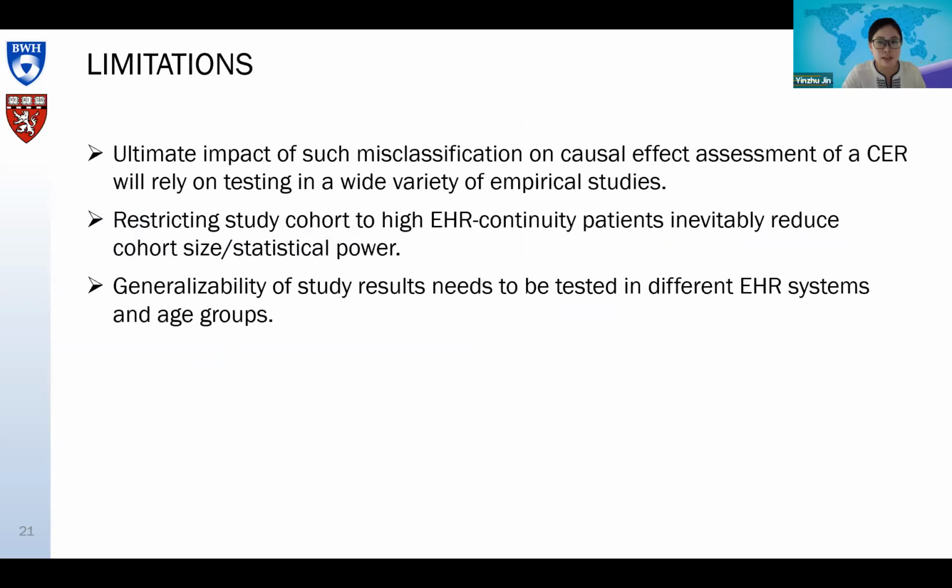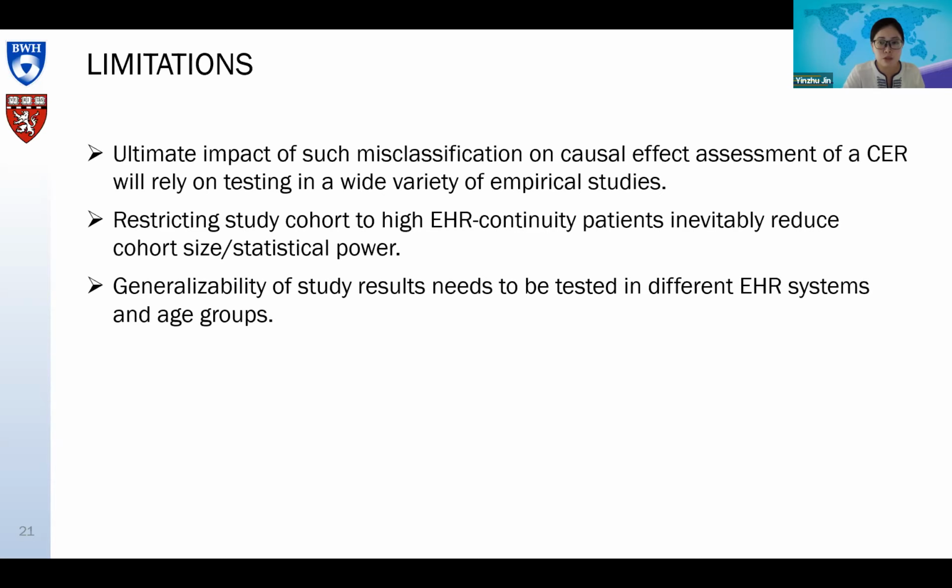Although we quantified the misclassification of risk scores in this study, the ultimate impact of such misclassification on a causal effect assessment of a given study would rely on testing in a wide variety of empirical studies.